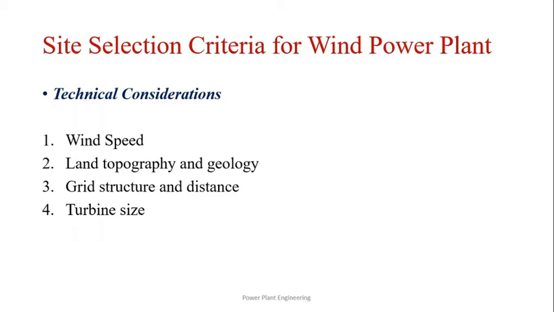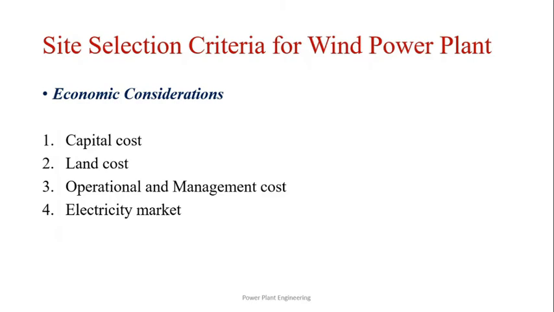Let's move towards the economic considerations. The economic sub-factors that affect the site selection include capital cost, land cost, operational management cost, etc. It is important to make economic evaluations by considering the time value of money due to the long periods of service of wind farm projects.